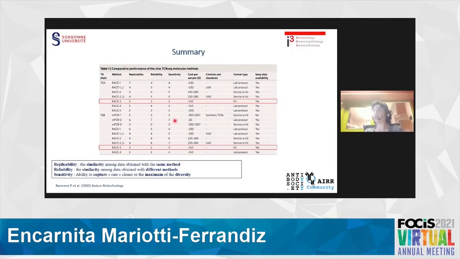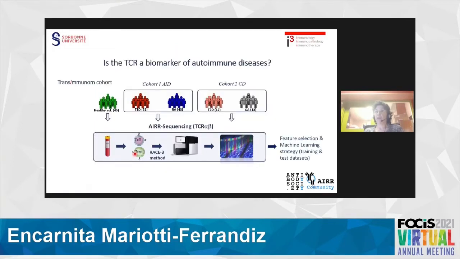And we identified 1 method for which the scores of replicability, reliability, and sensitivity that defined the performance of the different methods were the lowest, meaning the best. So based on this, we selected RACE3 for our transimmunome trial.